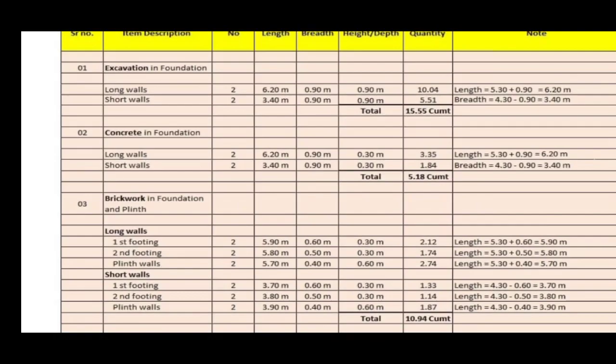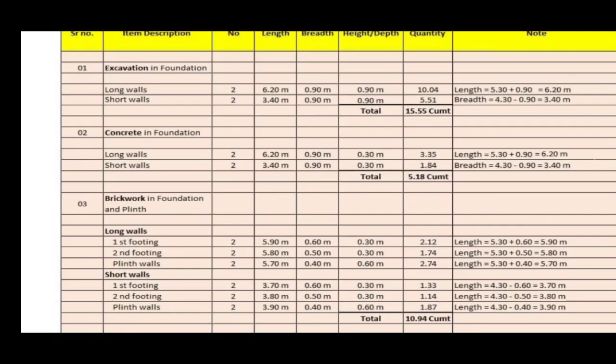For second step of footing, the length is calculated with a similar method by adding center to center length with width of item, that is 0.5, and it gives 5.8 meter total length. The width of item is 0.5.